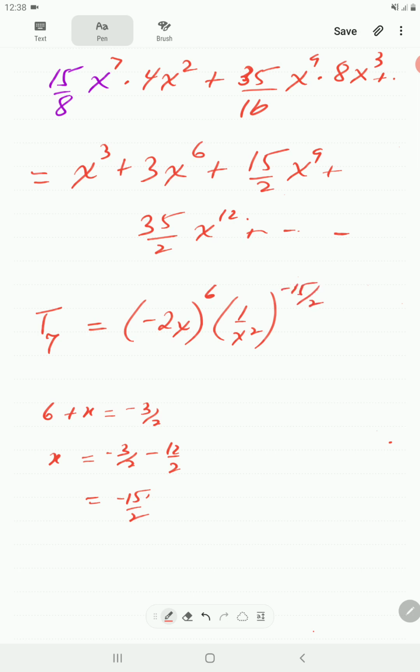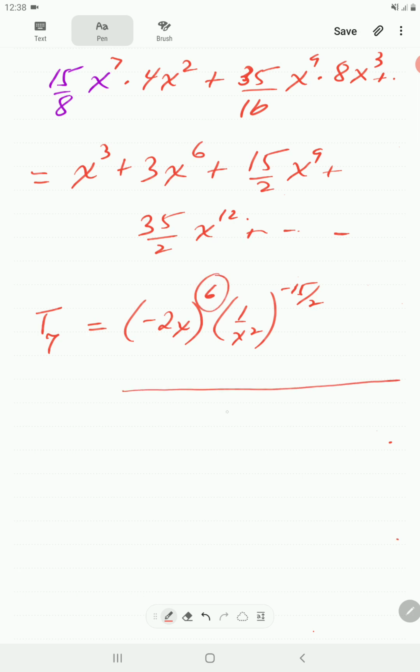It's going to be the power of the 1 over x squared term. Then the denominator of the coefficient always corresponds with the power of b.